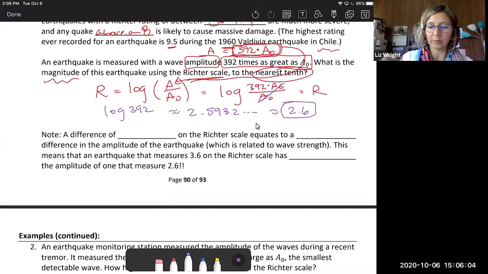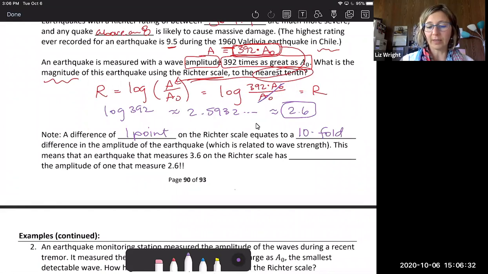Notice a difference of 1 point on the Richter scale equates to a 10-fold difference, because we're talking about a log function, which is base 10. Even a single point change on the Richter scale is a power of 10, a 10-fold difference in the amplitude.